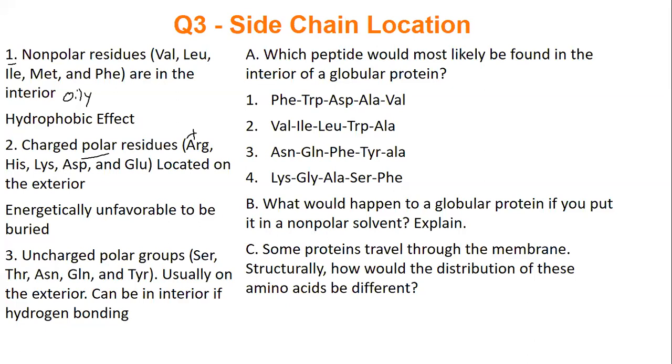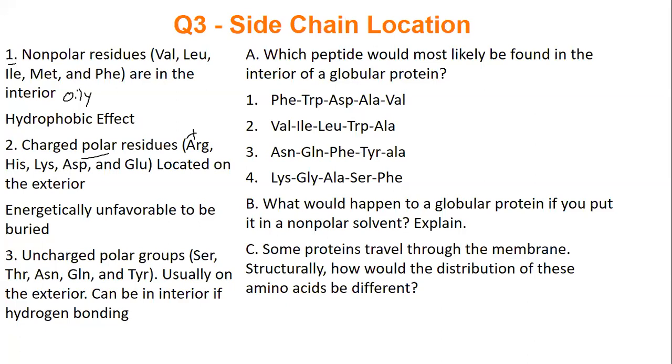All right, let's take a look at this. 2 is the correct answer: Val, Ile, Leu, Trp, Ala. These are your hydrophobic amino acids. 1, you have aspartic acid, Asp, so that's not going to want to be in the interior because it's negatively charged. 3, you have a bunch of polar groups.